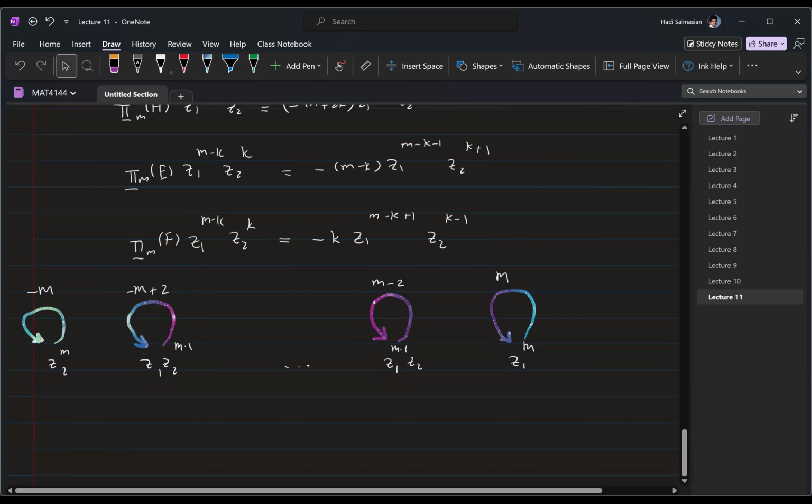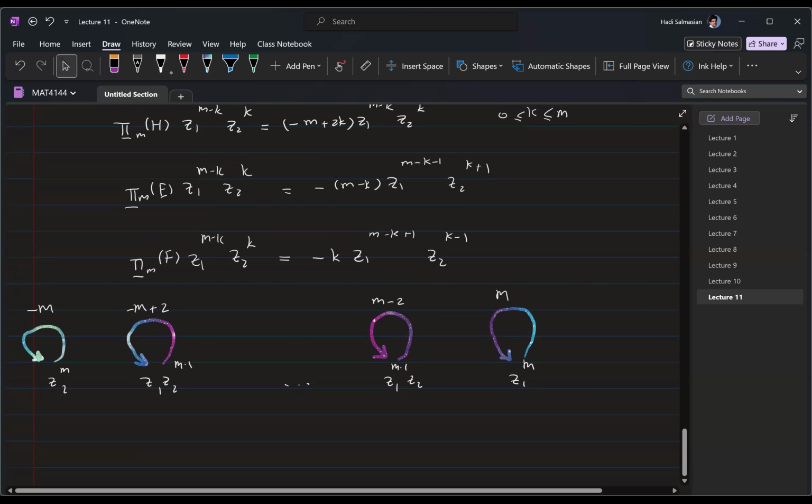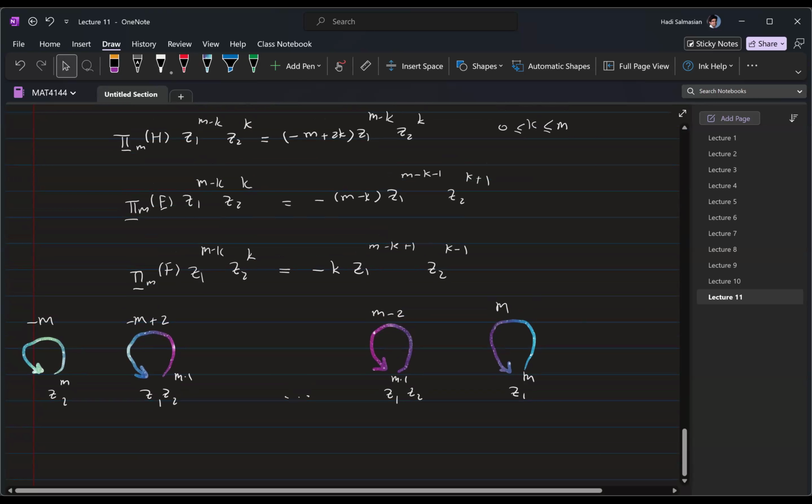Now what about these operators E and F? The E increases the Z2 degree, so the E goes in this direction. The E's will push vectors upwards, and the last one will go to 0.